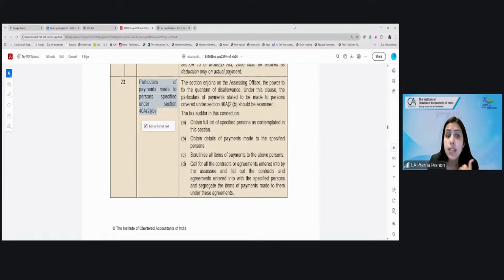In a case where a business is carried on by a company, any person owning more than 20% of the voting power. So here, how do you identify first of all whether the payments are made to the related parties?